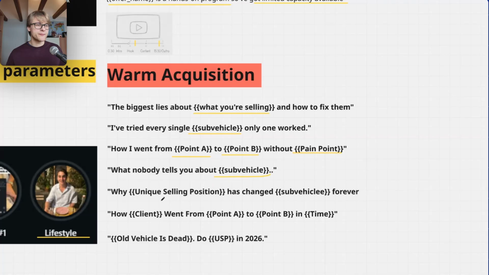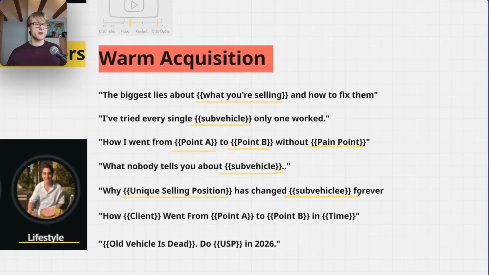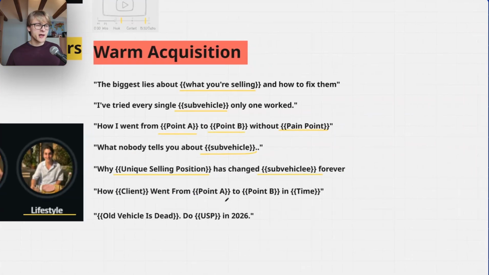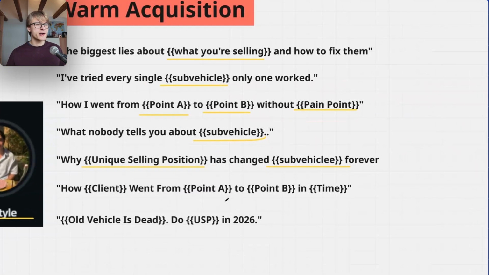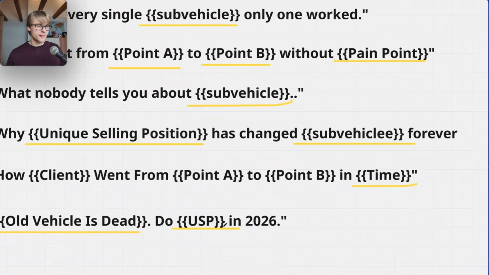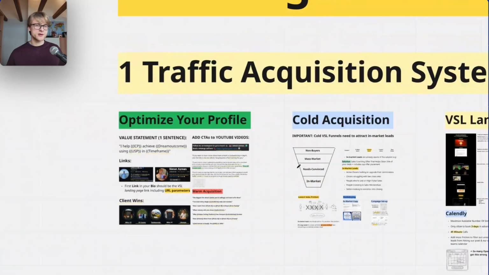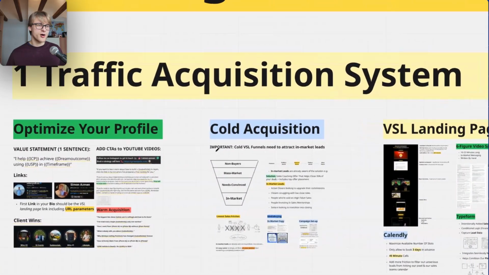Why my direct to source strategy has changed Amazon wholesale forever. How my client John went from overweight to losing 50 pounds in 30 days. Old vehicle is dead, do USP in 2026. SaaS is dead, do AI apps in 2026. Shout outs to one of my homies.